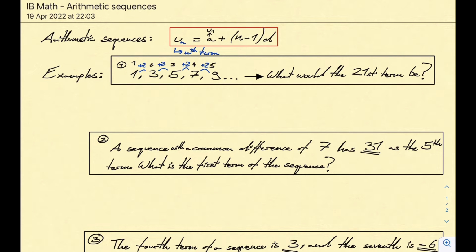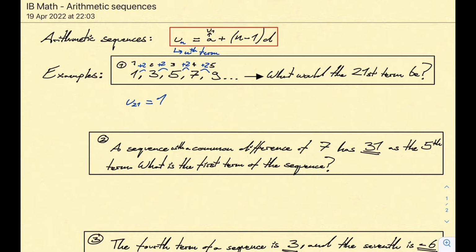So if we want to find u21, the 21st term, that would be equal to a. Again, we're referring to this equation, so we're simply going to substitute the values. We would get a, or u1, which in this case is 1, because this is the first term of our sequence. It doesn't need to be 1. It doesn't need to be any specific number.